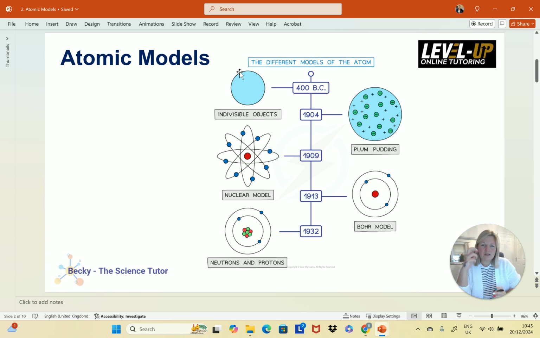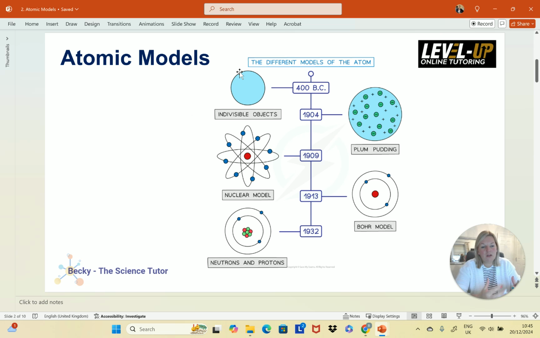So going back to 400 BC, long time ago, yeah, even before me, we thought that atoms were indivisible objects. If you imagine like a marble or a ball bearing, something that we couldn't split, we couldn't make any smaller, just this solid, small, indivisible object, and we stuck them together and made different things.